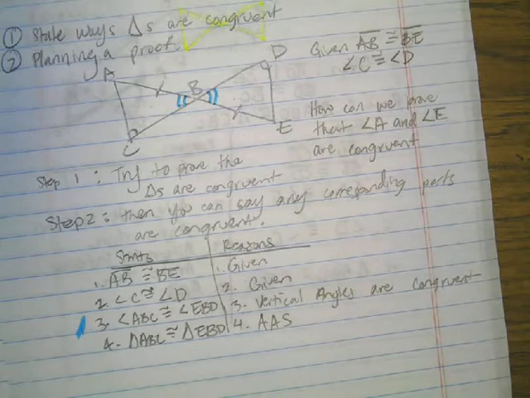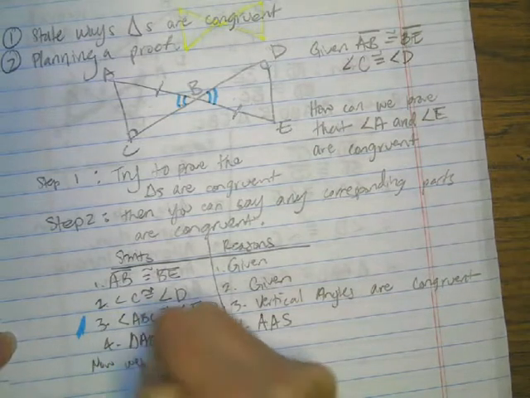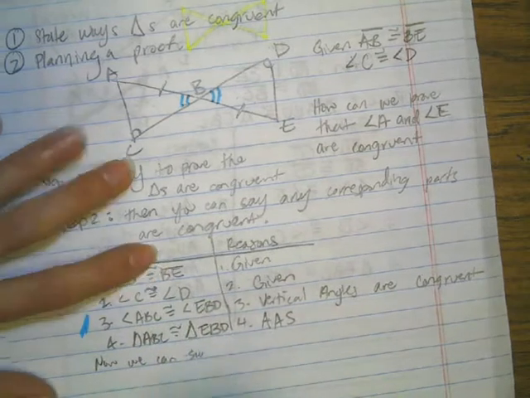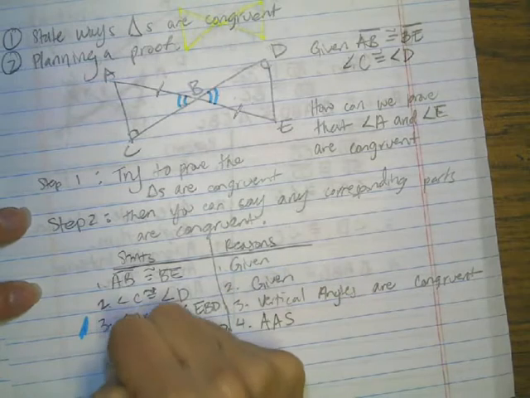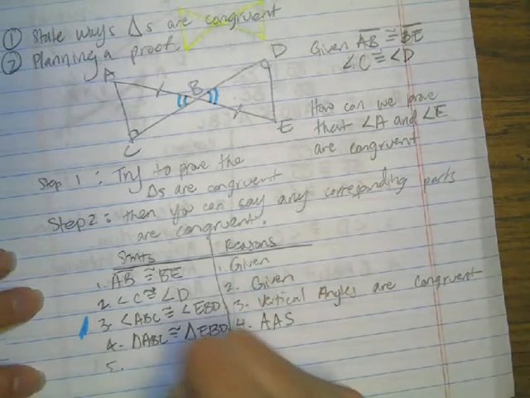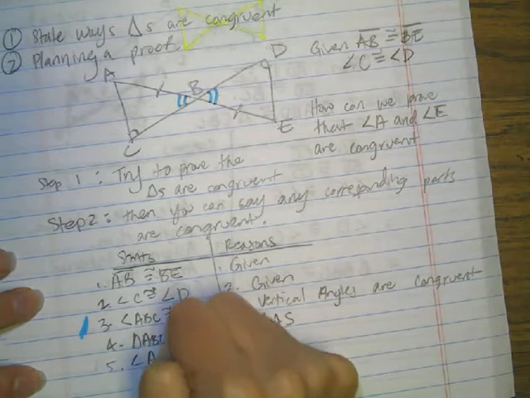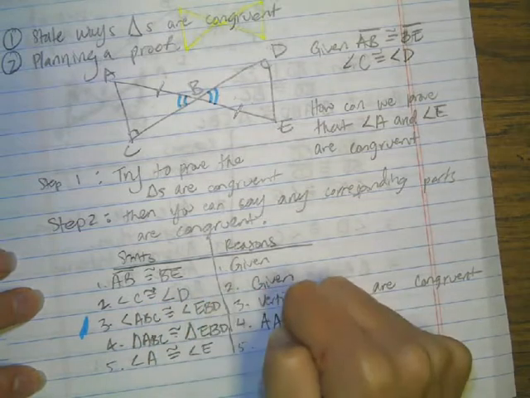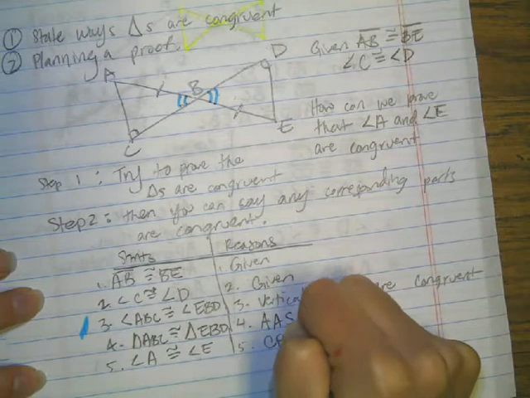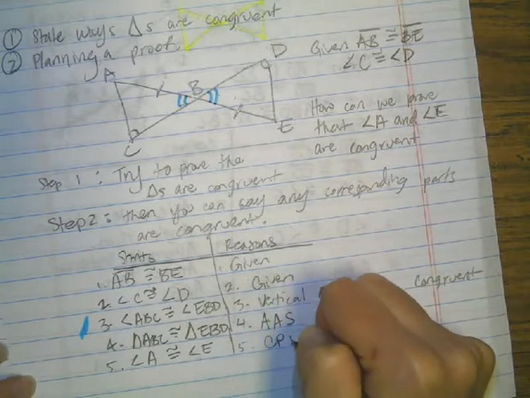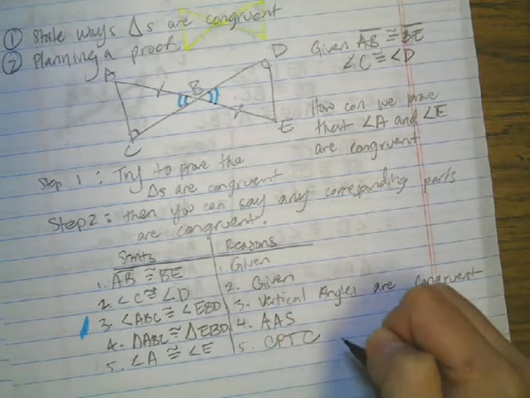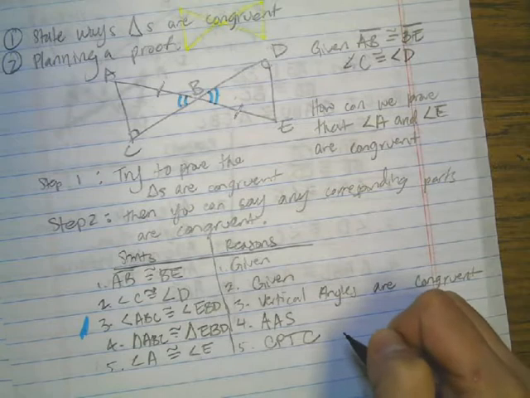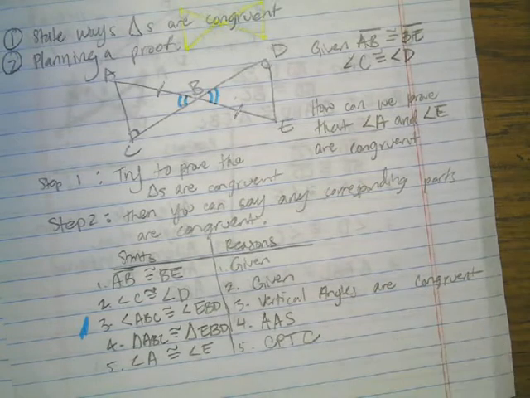Oh, okay. And then once you have this, now we can say, actually you could write it down in the proof. The whole point was to say angle A is congruent to angle E, and why? Because congruent parts of triangles are congruent.